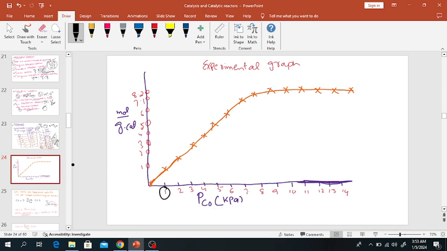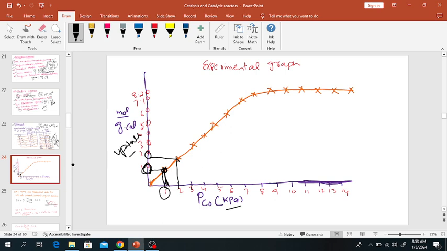When the partial pressure of carbon monoxide is 1 kilopascal, the catalyst uptake in mole per gram is 1. At 2 kilopascal, the uptake is 2.